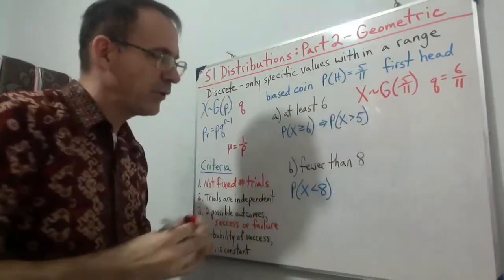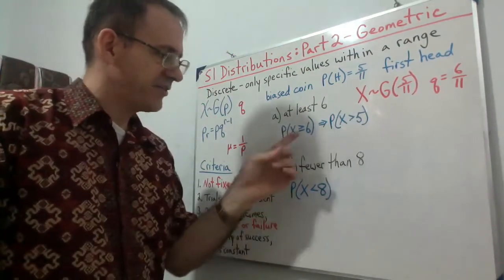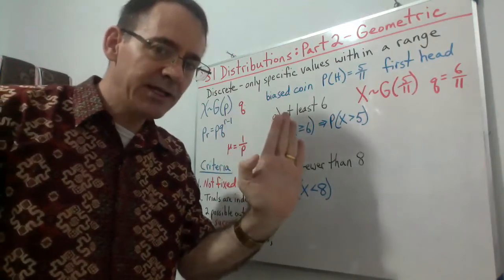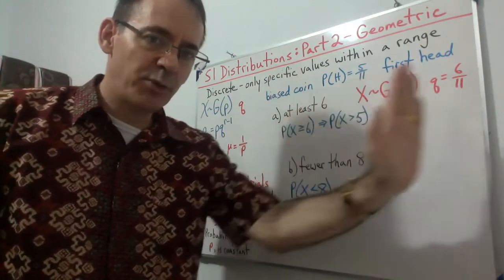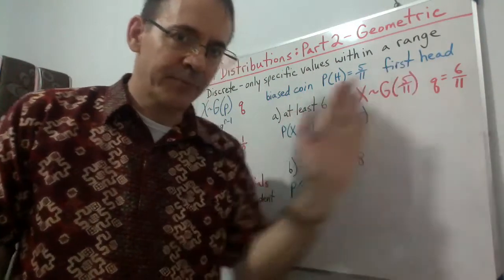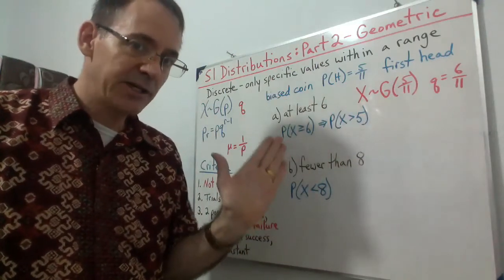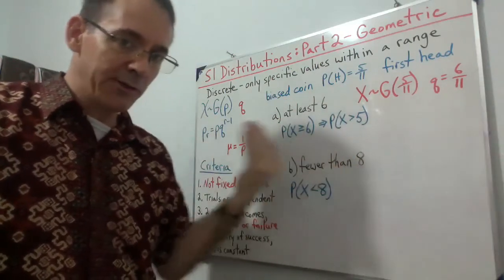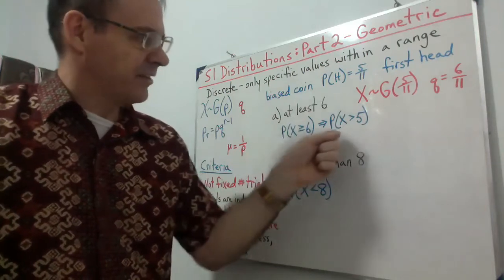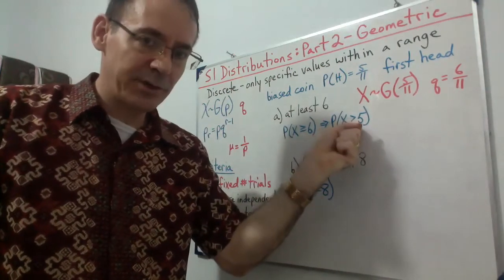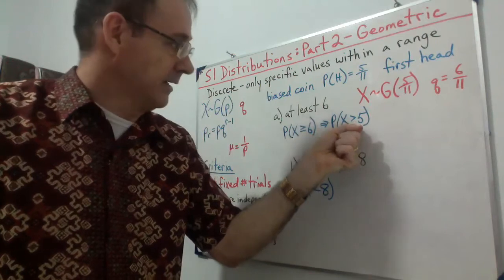Now, the reason why we want to do that is because the 6 is included in your starting point going on indefinitely. So since 6 is included on that side, the front side is going to be 1, 2, 3, 4, 5. Okay?